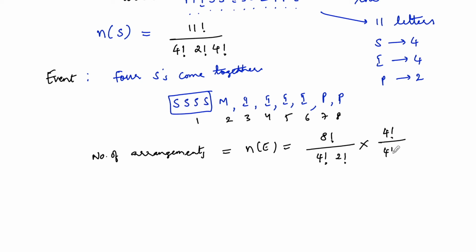That is, number of elements in the event is nothing but 8 factorial upon 4 factorial into 2 factorial.